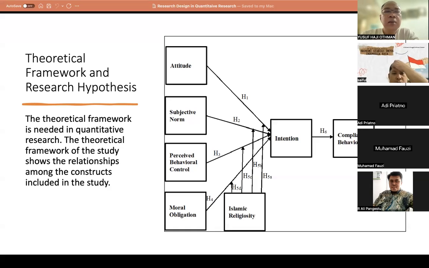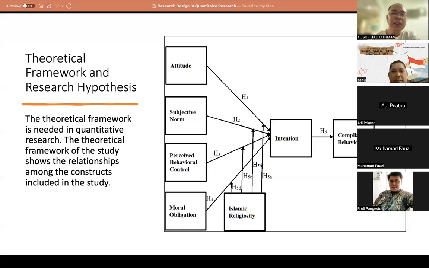So when the respondent thinks that by paying income zakat it helps the asnafs, he or she is more likely to pay income zakat. So that's how we develop the hypothesis.